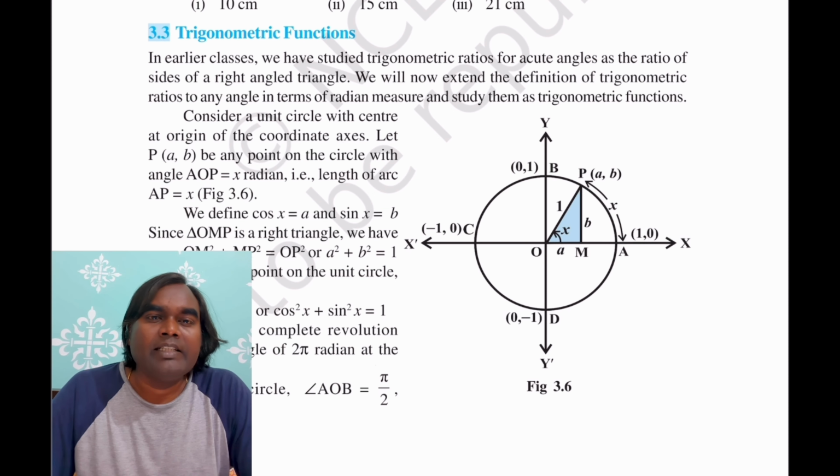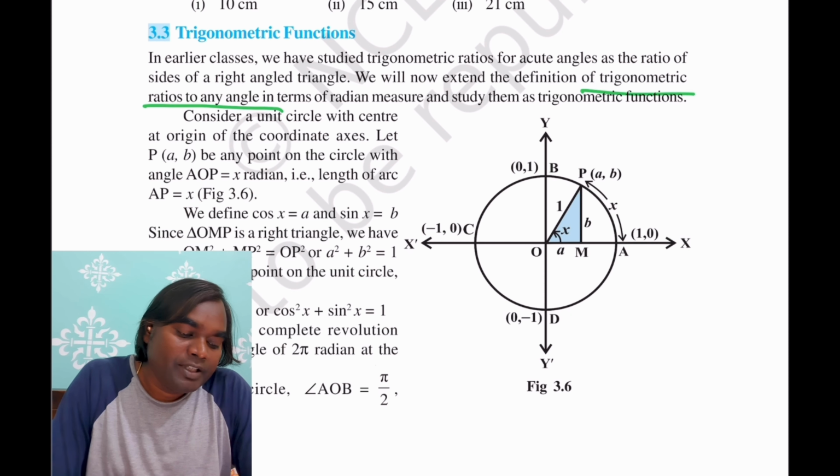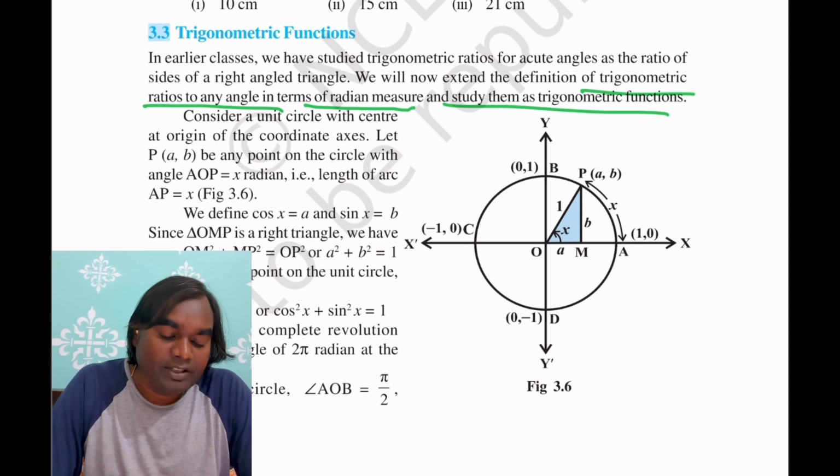So what is sin theta of a right angle triangle? Sin theta is equal to perpendicular divided by the hypotenuse. Similarly, cos theta is equal to base divided by the hypotenuse, and tan theta is equal to perpendicular divided by the base. So we'll now extend the definition of trigonometric ratios to any angle in terms of radian measures and study them as trigonometric functions.